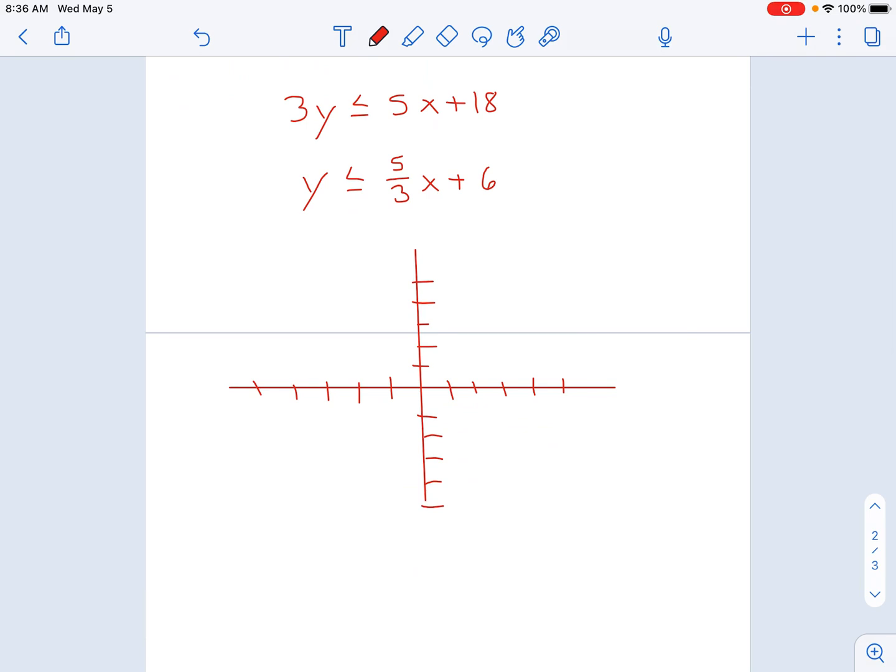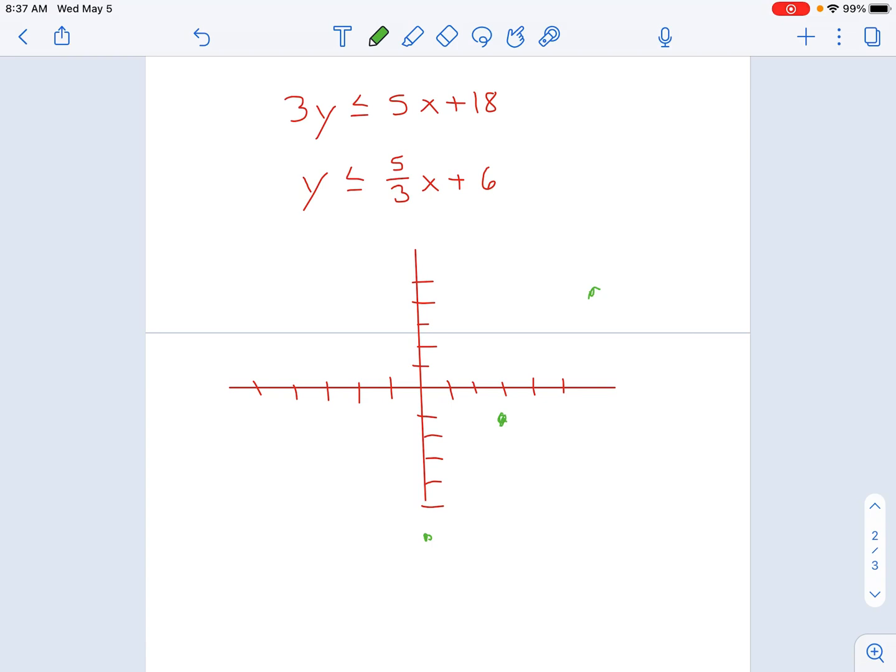So my y-intercept is, let's make that green, down here at -6. My slope is positive 5/3. So from that point, I'm going to go up 5 and over 3. There it is. Okay. And then from there, I could also go up 5 and over 3, just to make it a little more accurate.